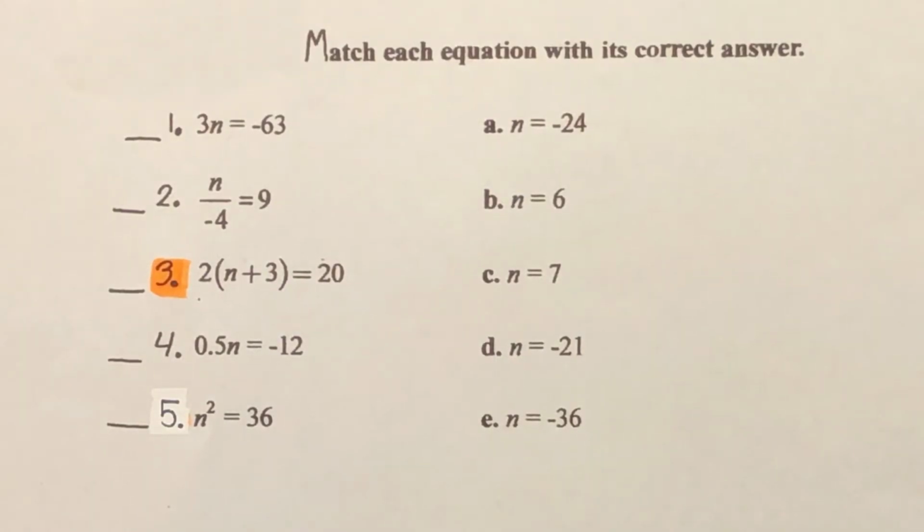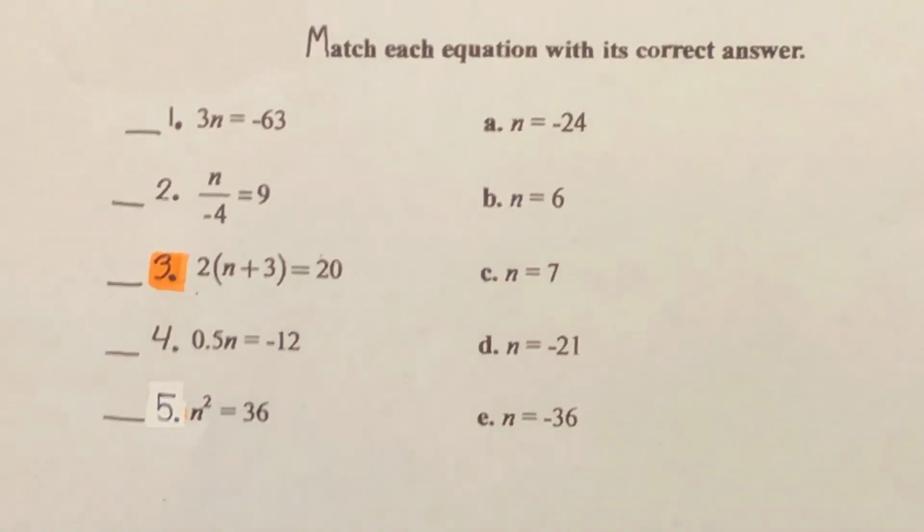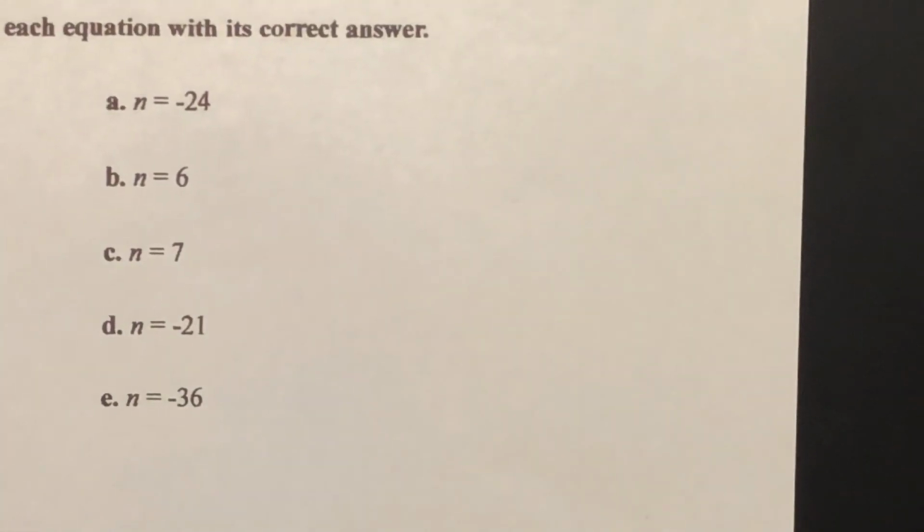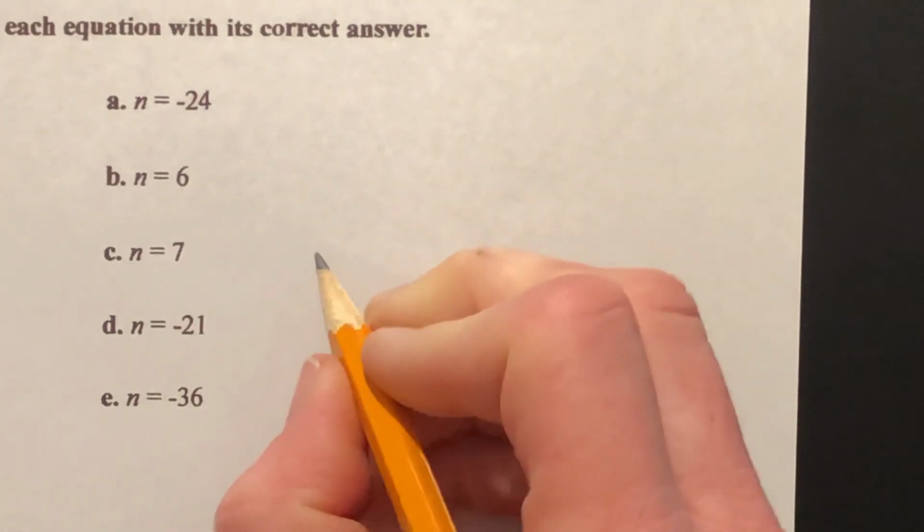We'll start doing number 3 together. I'm going to show you 2 different ways to solve this. I'm going to show you the way that involves distributing and then the way that involves dividing. We've got plenty of room over here to do them both. Write them here.